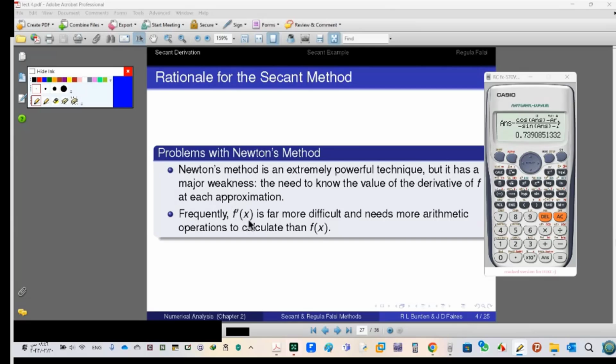Frequently, f prime of x is more difficult and needs more arithmetic operations to calculate than f of x. So the big problem for Newton is I want to find f prime, and if f prime is hard, that means we cannot use Newton-Raphson, or it is hard to use it.